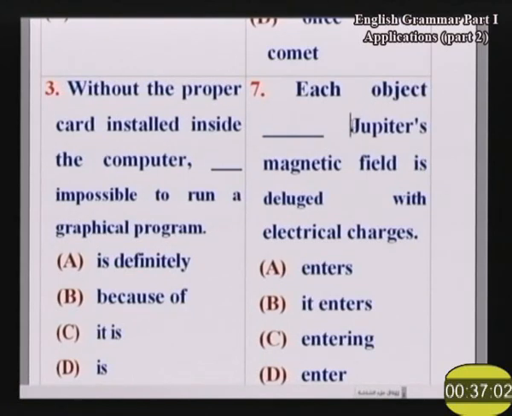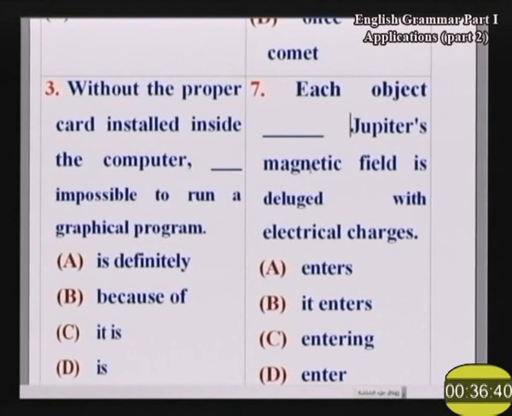Each object Jupiter's magnetic field is deluged. Is deluged is a verb. وeach is a verb، يبقى أنا عايزة حاجة هنا which is not a verb، ممكن تبقى صفة ولا حاجة. طيب each object enters، it enters، لا entering، لأن entering is not a verb.